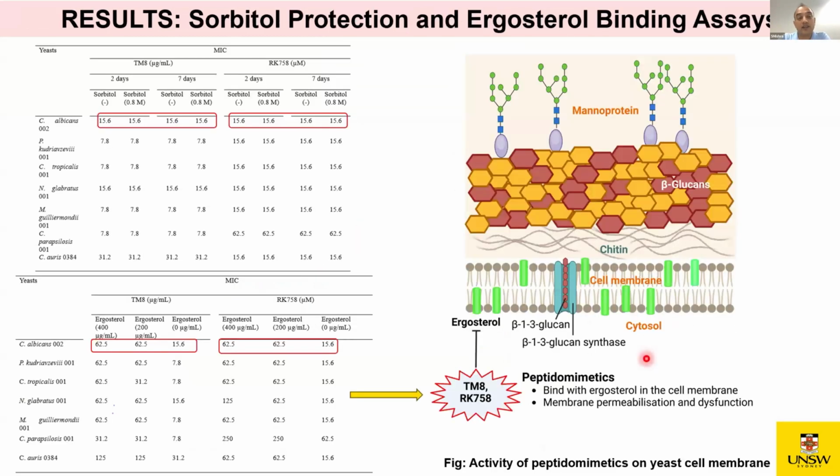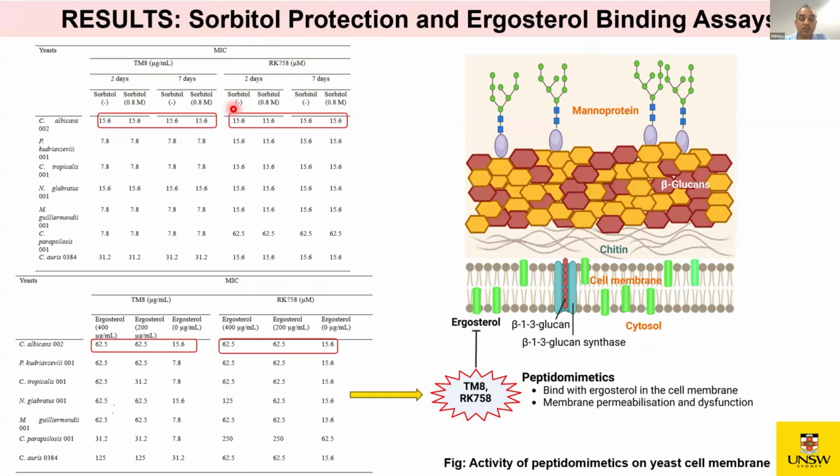Now, to identify the mechanism of these compounds, we did a sorbitol protection and an ergosterol binding assay. Sorbitol protection is done to see whether the compound is acting on the cell wall, and the ergosterol binding assay is done to see whether it is acting on the cell membrane. When the MIC was done in the presence of sorbitol, there was no change in MIC up to 7 days.